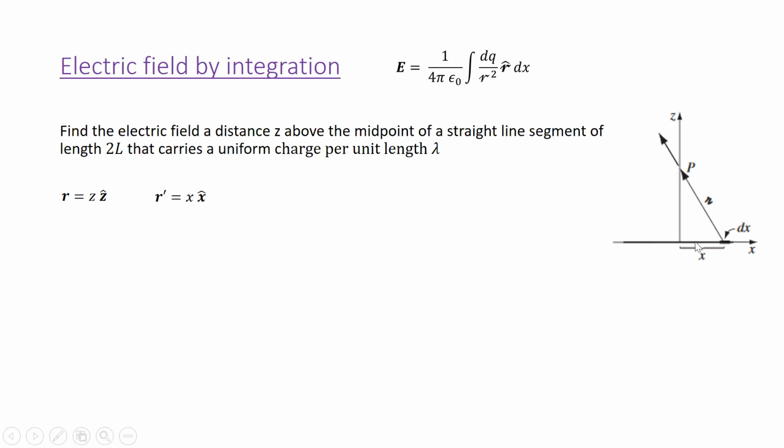If we're at a position x, where x ranges from minus L to L as we go over the line, the distance from the origin will be x times x hat.